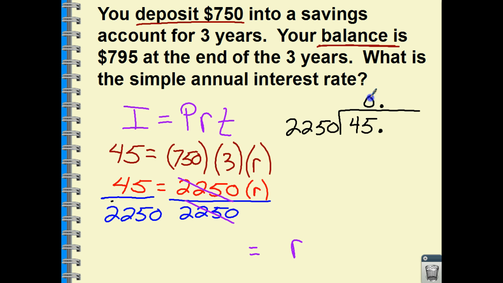Okay, so it goes in 0 times here. Now, if I were to add another 0, can 2250 go into 450? Well, no, 0 times. So now we can add another 0. And 2250 can definitely go into 4,500 at least one time. Let's try out 2 times. I think it's going to be pretty close.